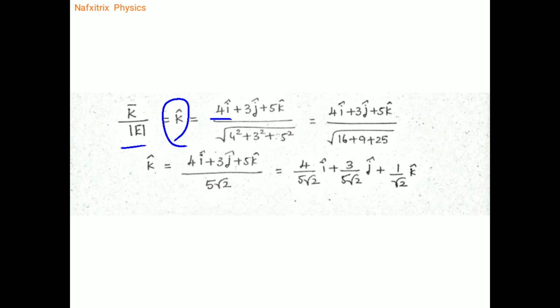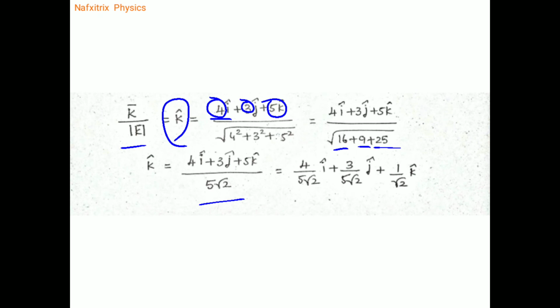The magnitude of this k vector is the square root of 4 square plus 3 square plus 5 square, that is 16 plus 9 plus 25, which is 50. Square root of 50 means 25 into 2, that is 5 root 2.